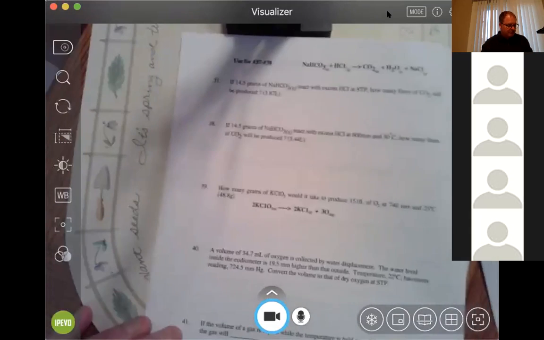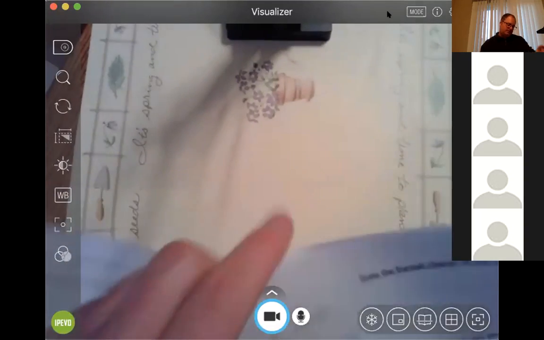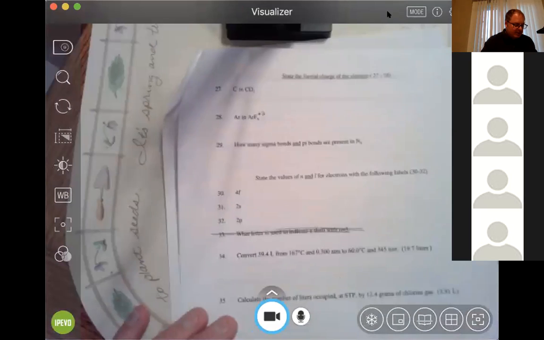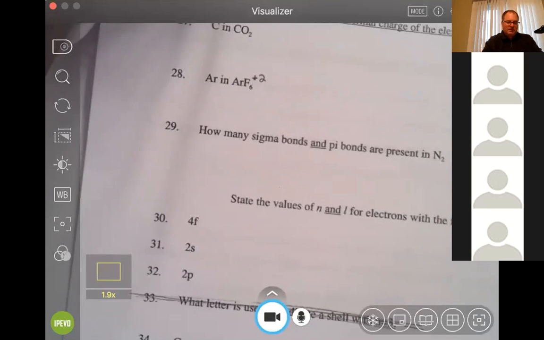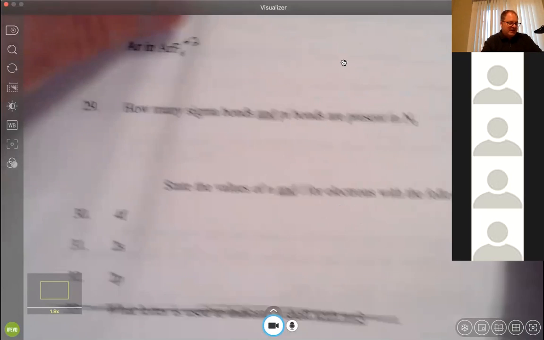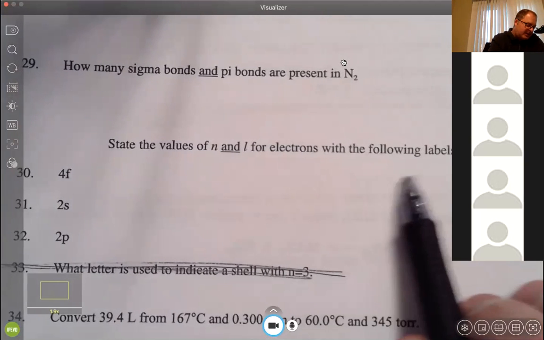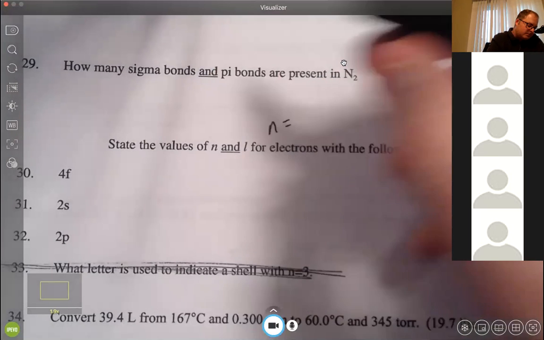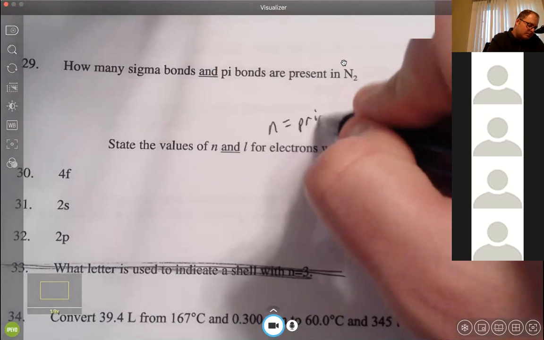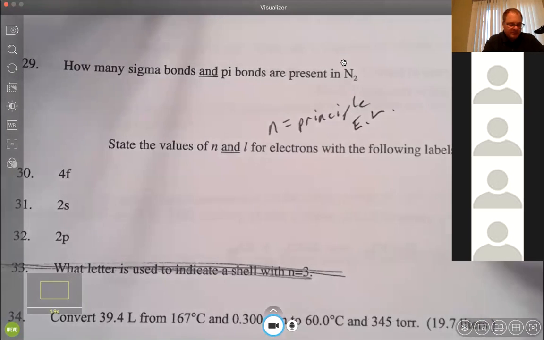Could you go over 30 through 32? Yep. So state the values of N and L for electrons with the following labels. I'm going to zoom in on this. N is equal to your principal energy level, or your PEL, sometimes it's called.